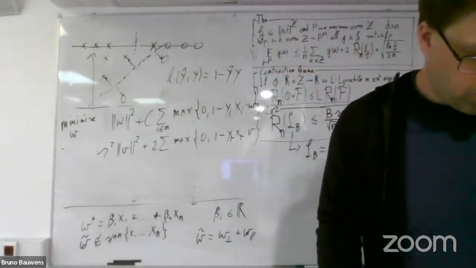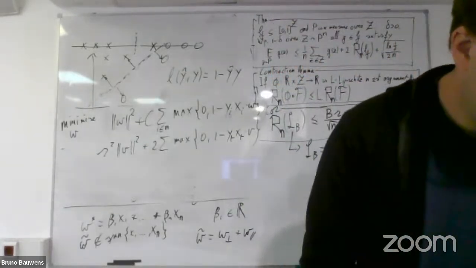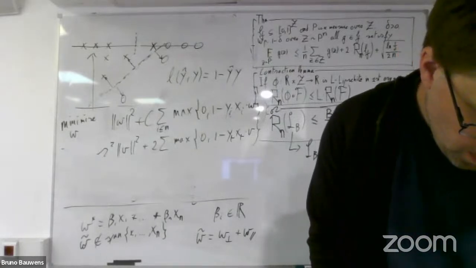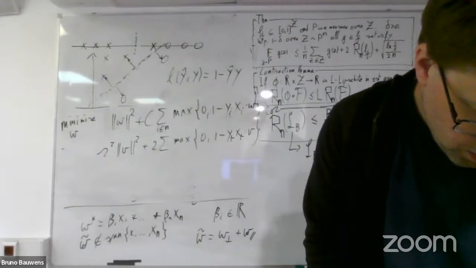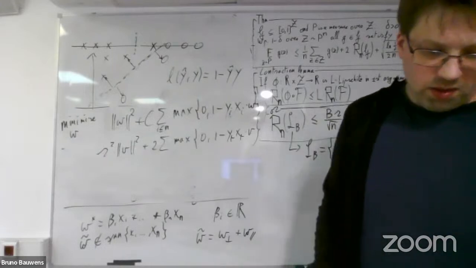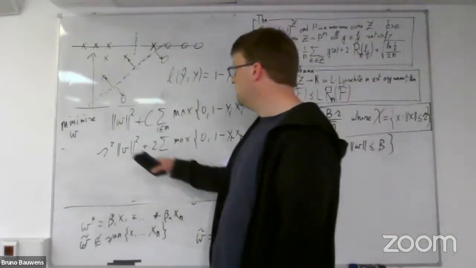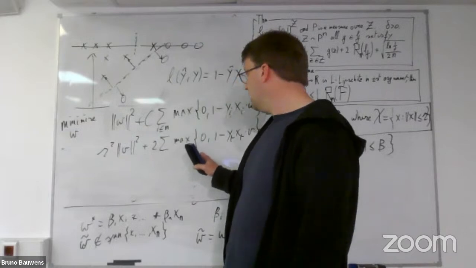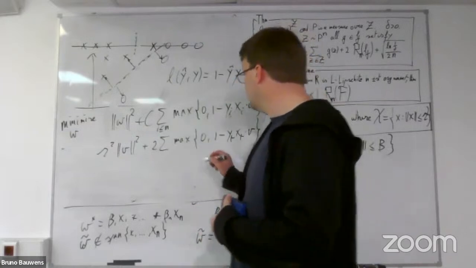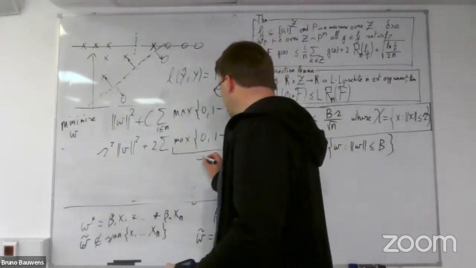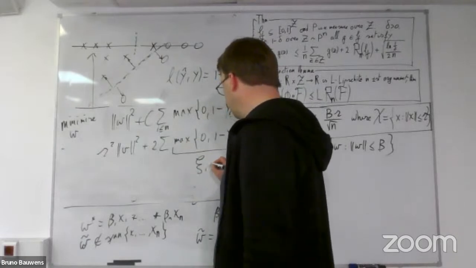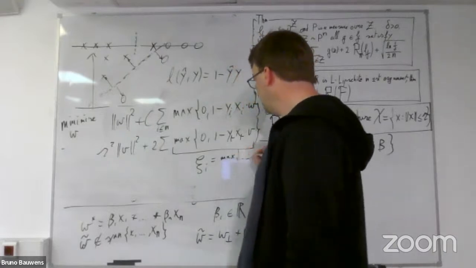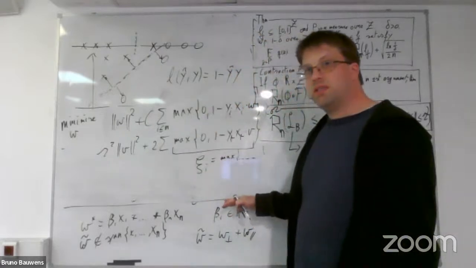Okay. Yes, what else should I say? Okay, so then uniqueness is now proven in the same way. You can transform it, so you can set these maximums equal to some slack variable, and then reformulate it to a similar problem.